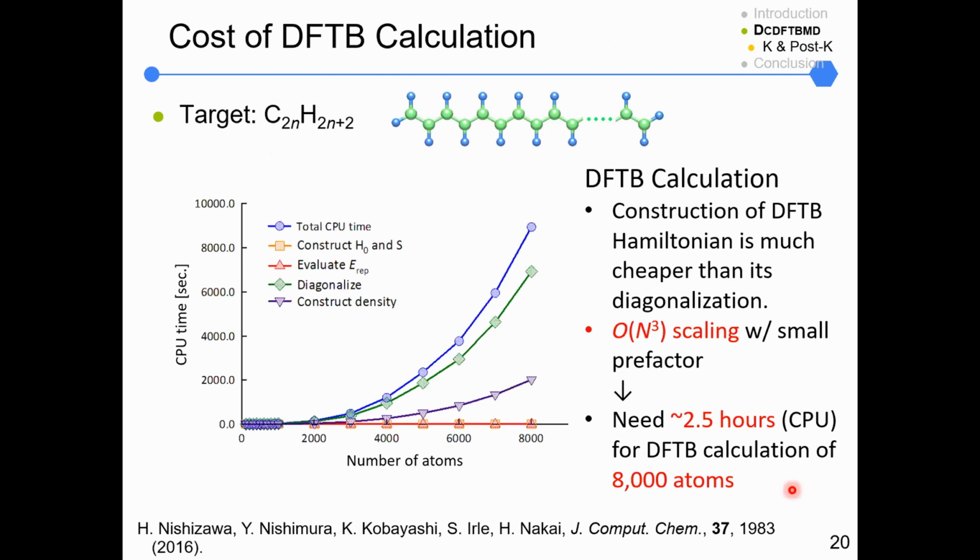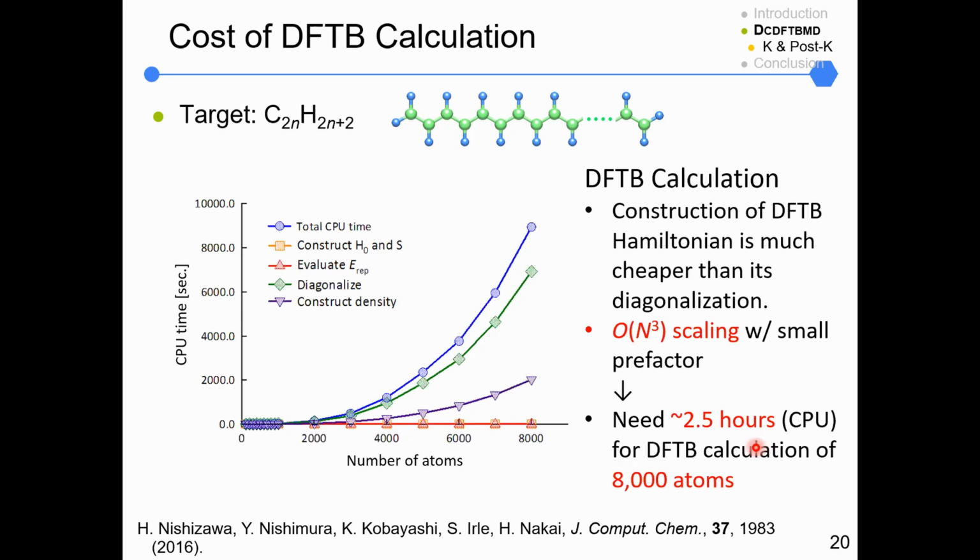So we started to develop the DFTB calculation program in 2012. This shows the CPU time of the DFTB calculations using our program. An 8,000 atom calculation can be done in only 2.5 hours. Of course, this is much faster than the standard ab initio calculation, because the DFTB is a kind of semi-empirical technique.